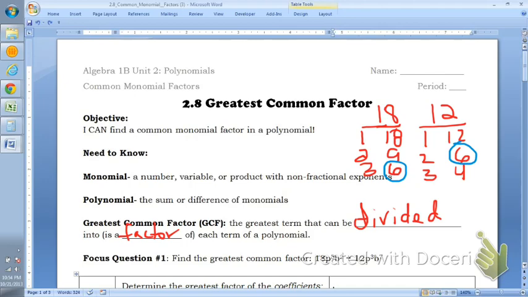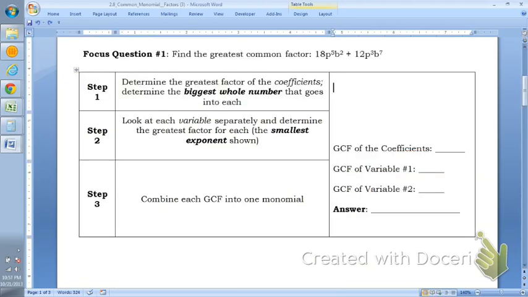So we're going to do this in 3 steps. The first step is to find the greatest common factor of the coefficients. Well, our coefficients in focus question 1 are 18 and 12. I just showed you a second ago that the greatest common factor was 6. That's the biggest number that goes into both 18 and 12.